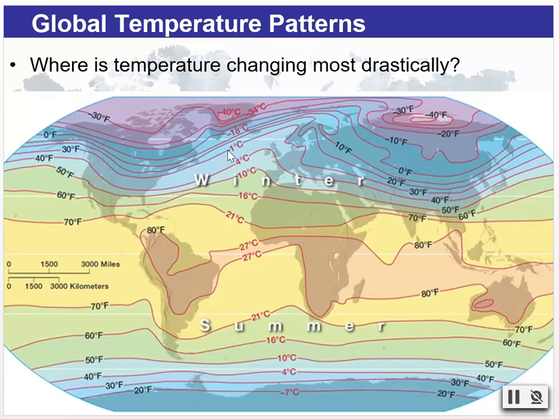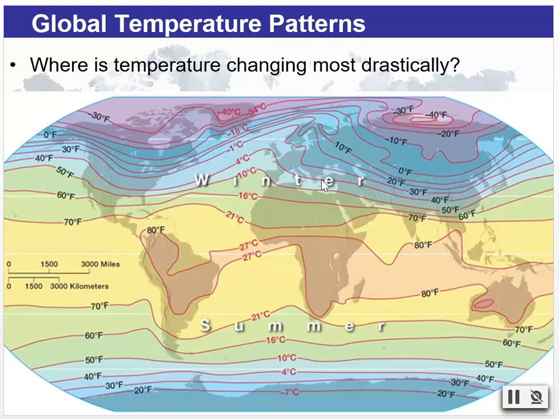We can see that looking at Europe, which again is relatively surrounded by water for the most part, water has a more or less constant temperature, so that's going to help to regulate the temperature found in that area. Places that are located closer to water, with large bodies of water surrounding them, are going to maintain a temperate climate, meaning that the changes are not going to be incredibly drastic.